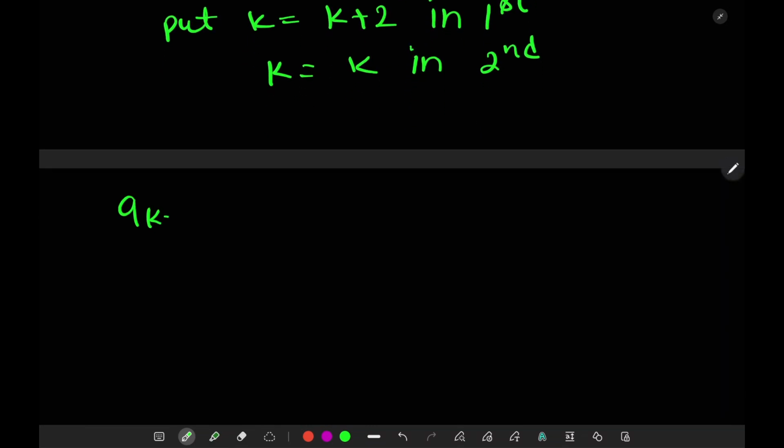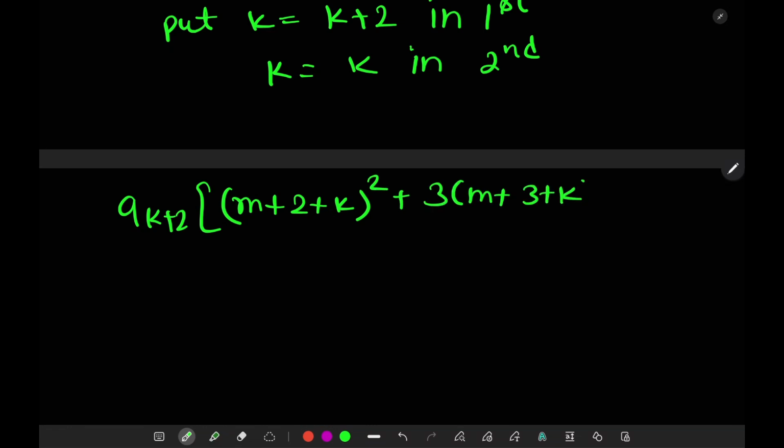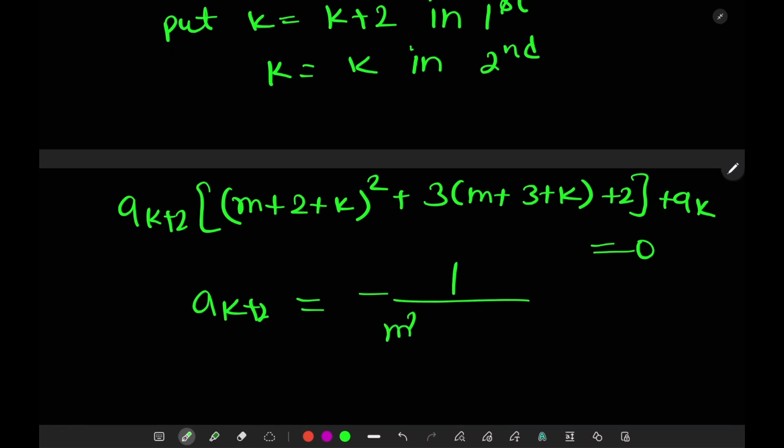We get, now on solving we get ak plus 2 is equal to minus 1 divided by m square plus 2k plus 7 into m plus k square plus 7k plus 12 ak.